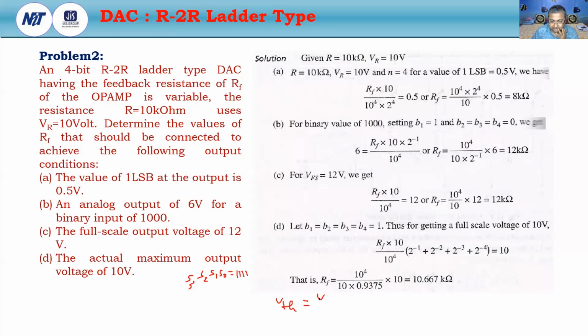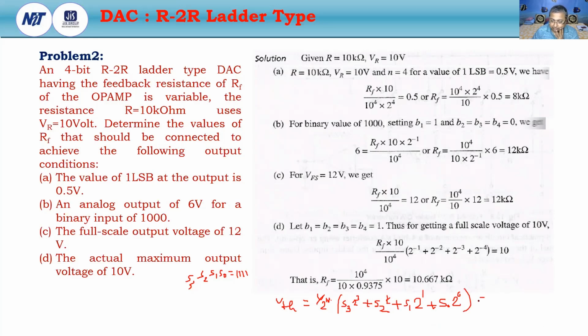It is 1 by 2 to the power n into S3 2 to the power of 3 plus S2 2 to the power of 2 plus S1 2 to the power of 1 plus S0 2 to the power of 0, that is, Sk 2 to the power of k.